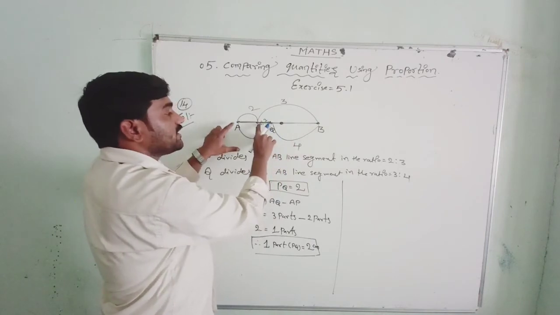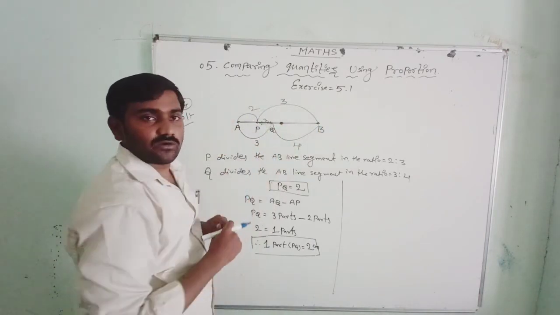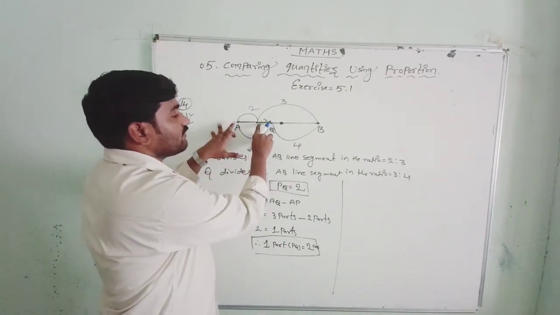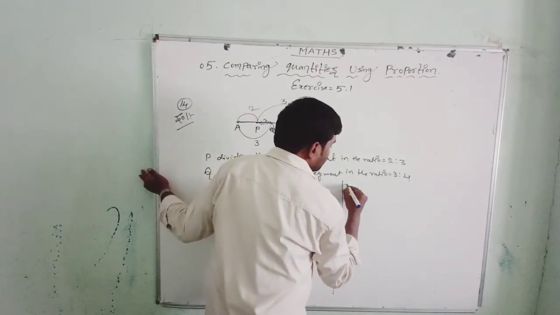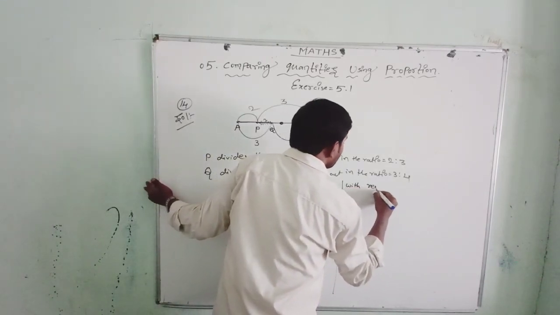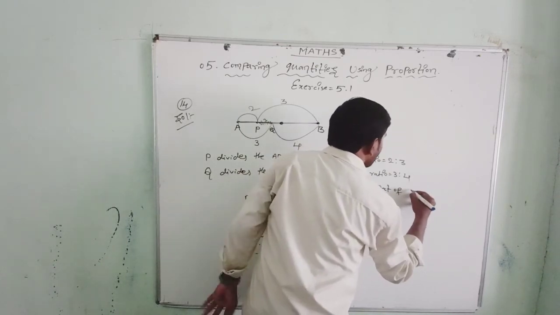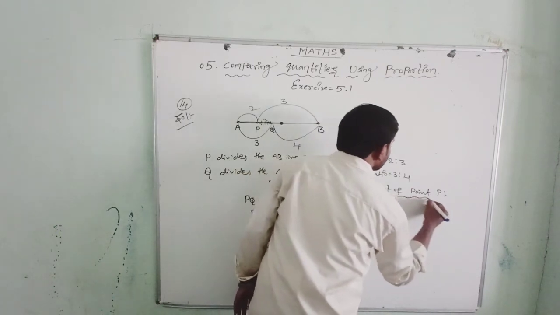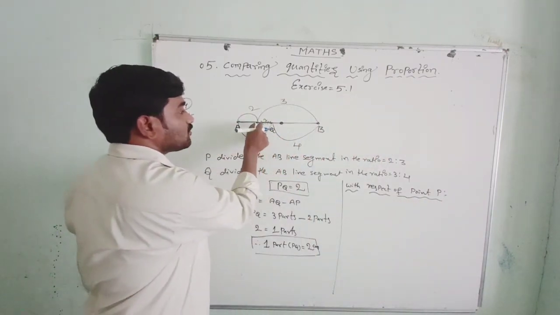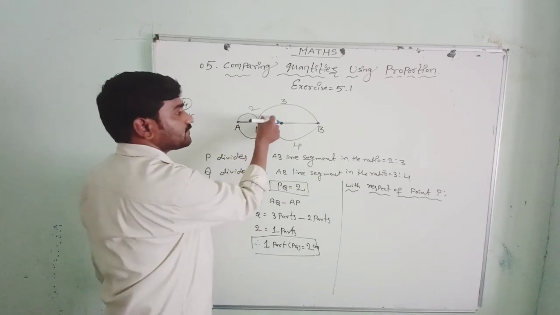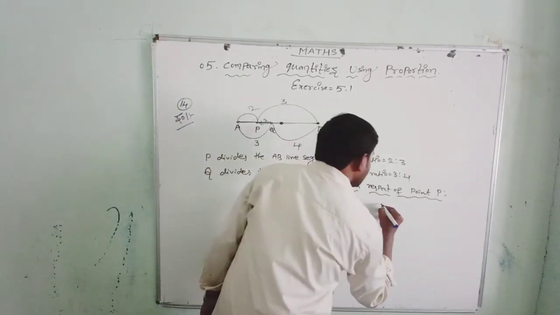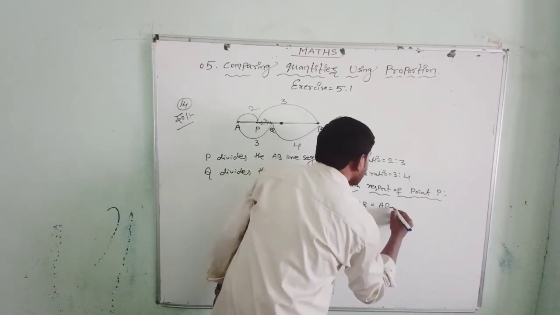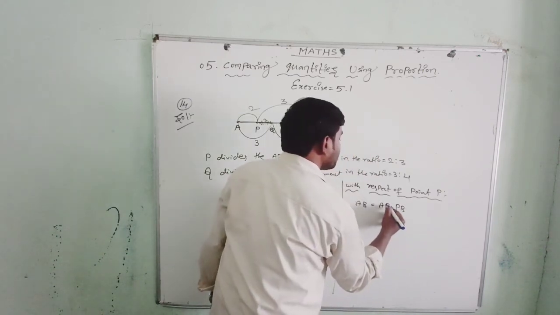Now P divides this AB, with respect to point P. Based on the point P, AB line segment equal to AP plus PB.